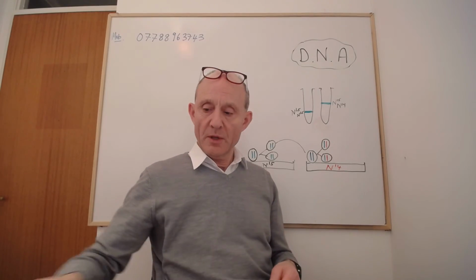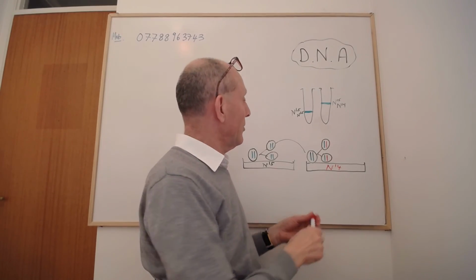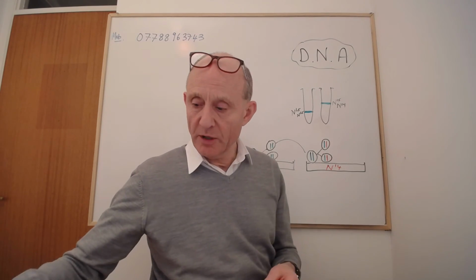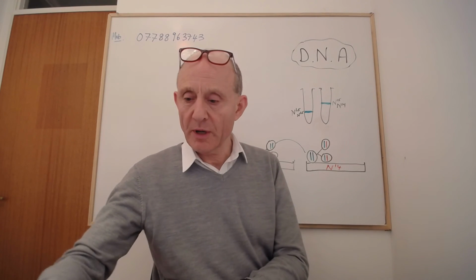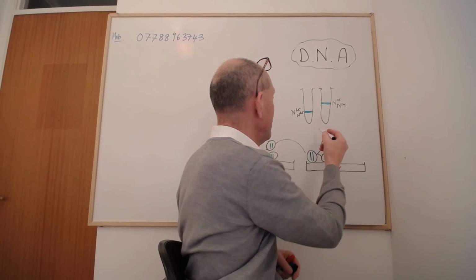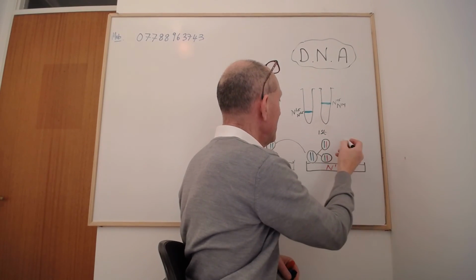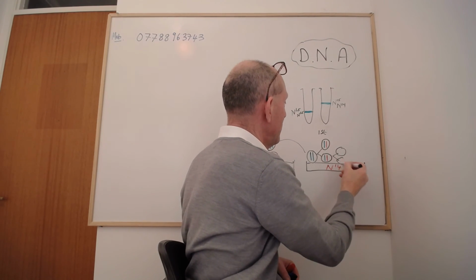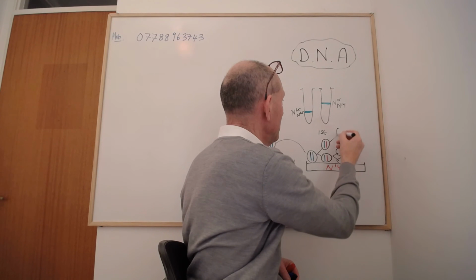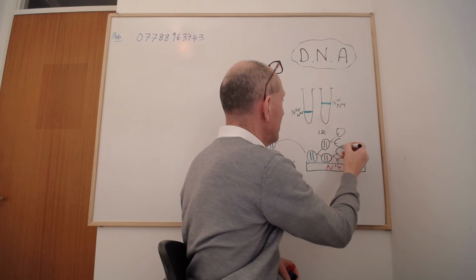And just let me write that, N15, N14. And then if you went to the next generation of bacteria, this was the first generation. The next generation of bacteria would contain 4 bacteria. So this one would make 2 and this one would make 2. Getting a bit scrappy here.